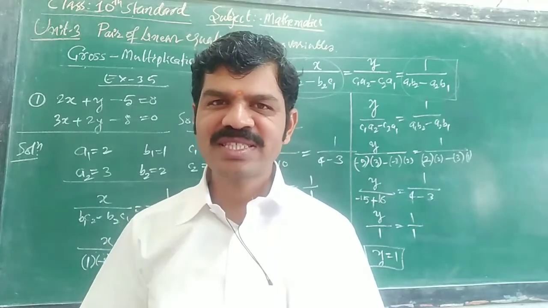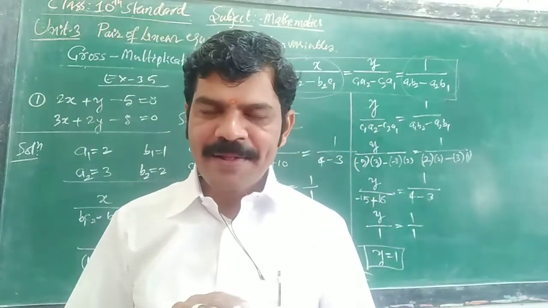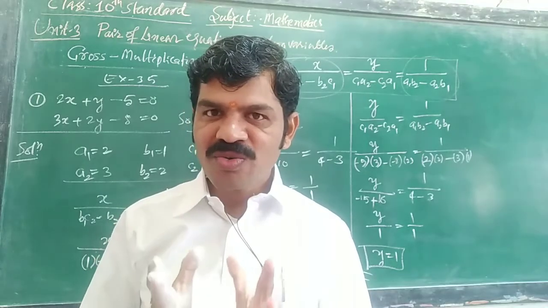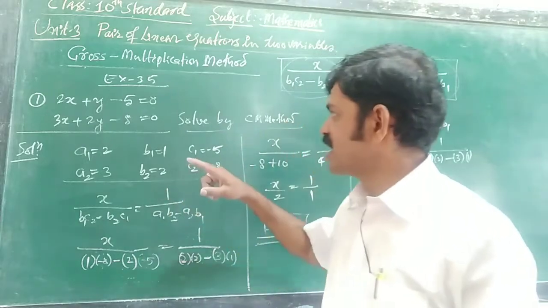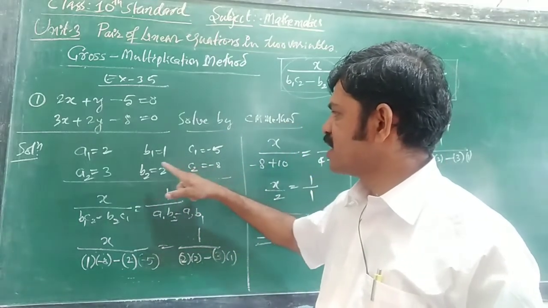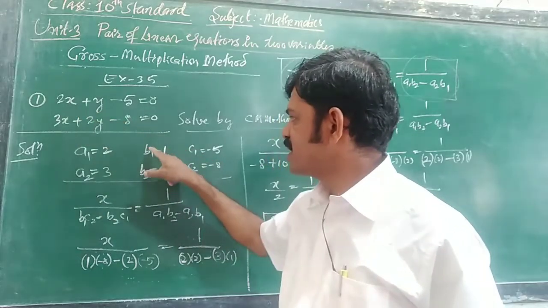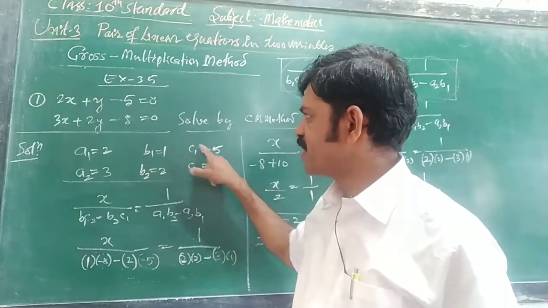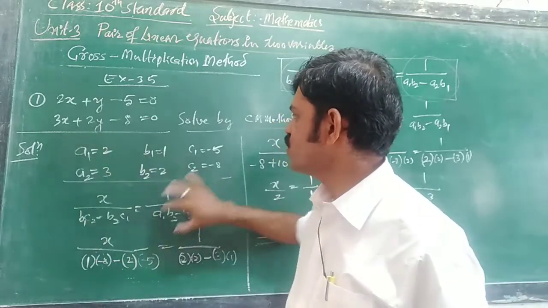This is a lengthy process and we have to keep this formula in mind, and I told you how to remember this formula. Very simple, I explain once again. See here, in order to find x, these two will be multiplied.